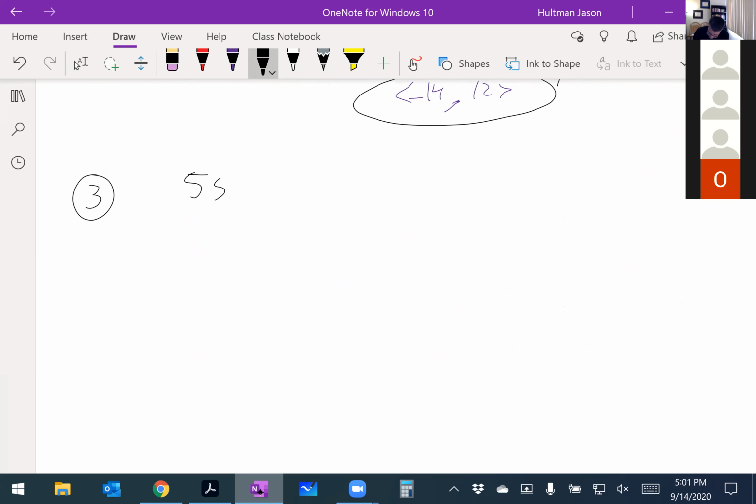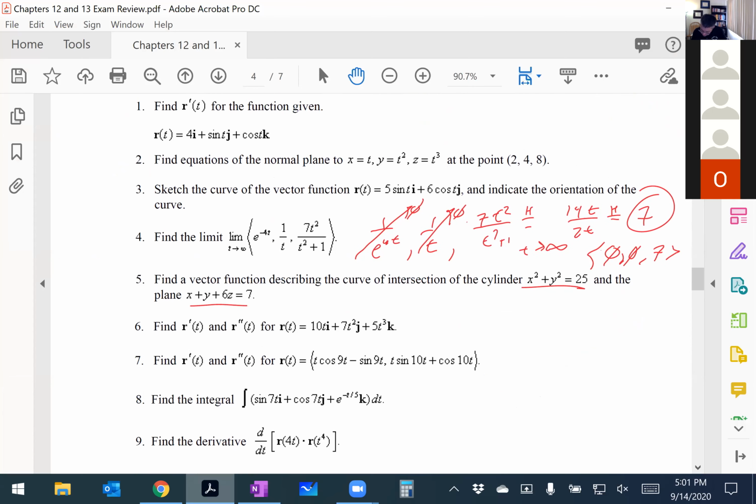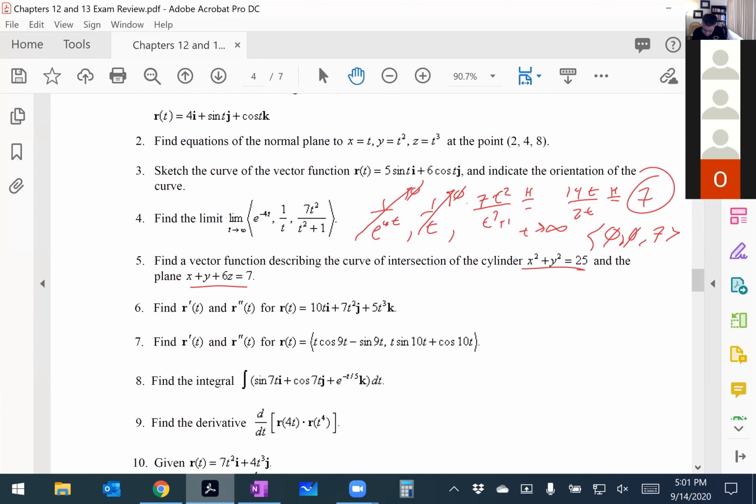We have 5 sine of t. Is this an I or a J? For number 3, yeah, 5 sine of t I plus cosine t j.